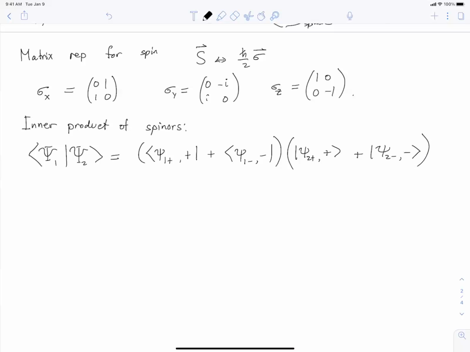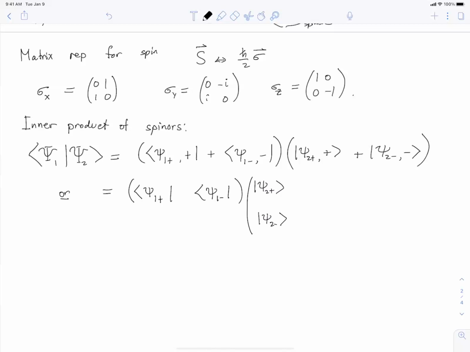But then I can switch to the hybrid notation where instead of adding these things together, I take them as two components of a vector. Oops, that was 1 plus. Okay, so there's the two components of a row vector, and then the two components of the column vector for psi 2.